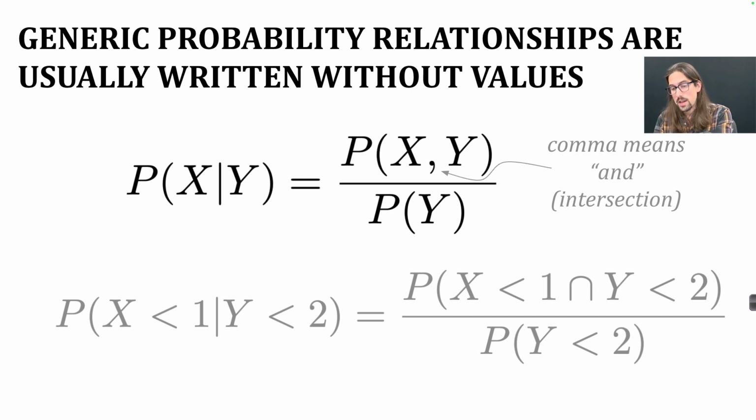If I wrote equal to little x everywhere and equal to little y everywhere, that'd be a lot of symbols on the page, and it wouldn't really convey the meaning, because you have to parse through all that stuff before you actually see the main thesis, or the big picture of what's trying to be conveyed, which is this factorization, in this case, that this conditional probability is the ratio of a joint and a marginal probability. That's the main idea.